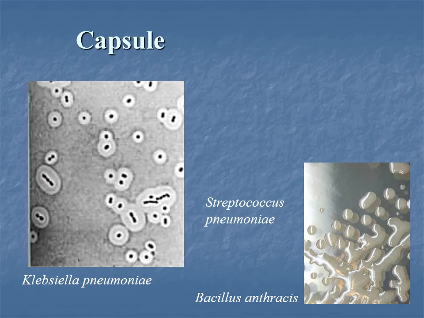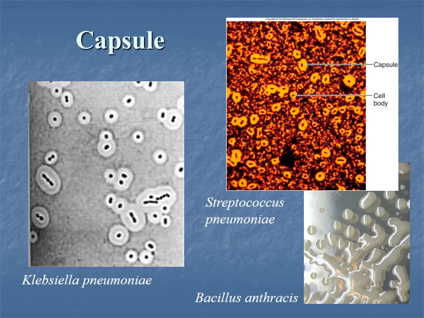In microscopy you can see Klebsiella pneumoniae with the capsule around the microorganism, and Streptococcus pneumoniae, again a capsule-creating microorganism. The cultural property of microorganisms that have a capsule is the mucoid type of colonies, and one of the microorganisms that can synthesize a capsule is Bacillus anthracis.